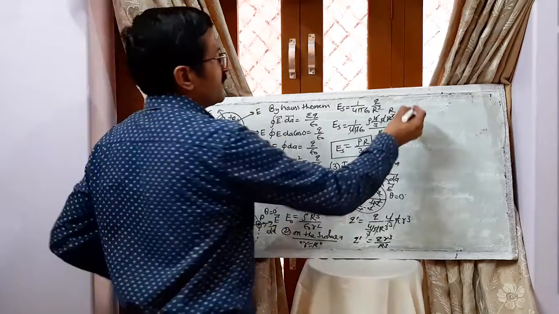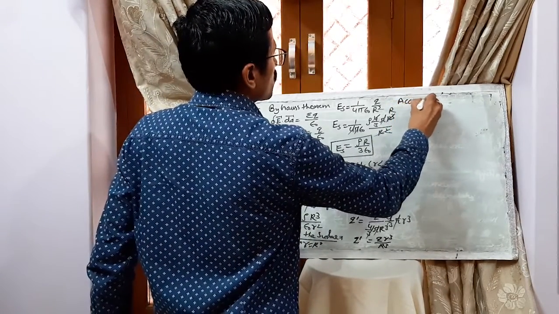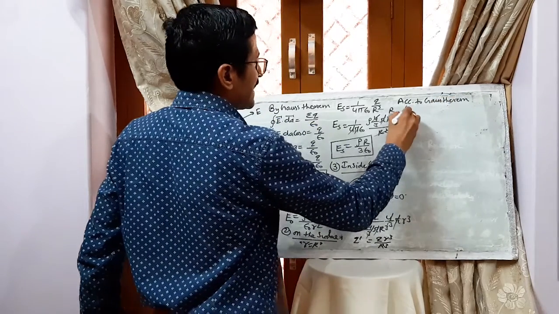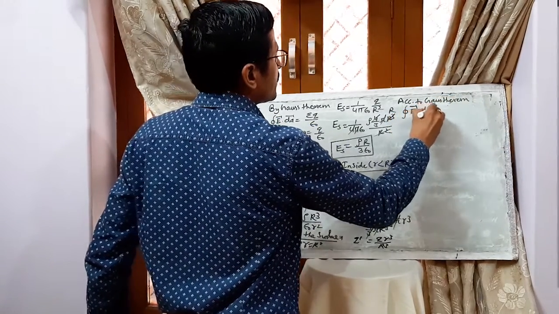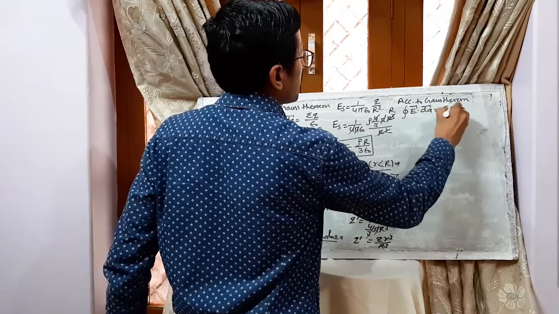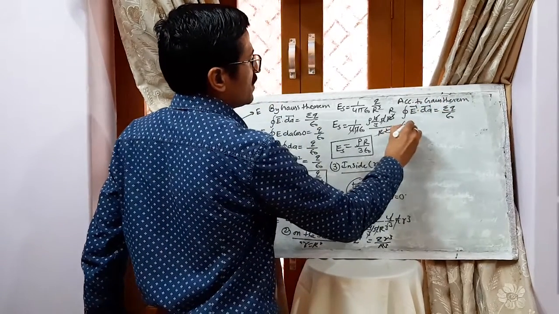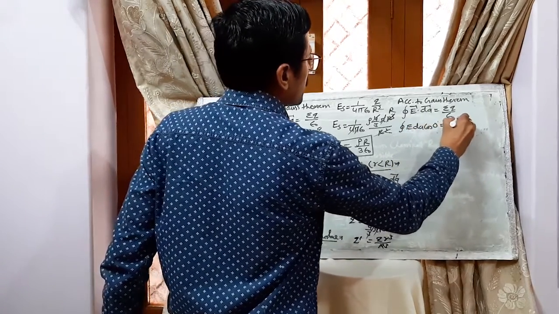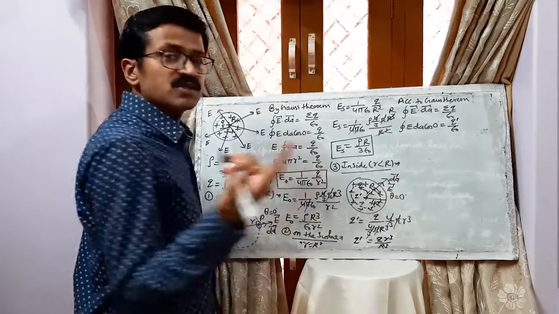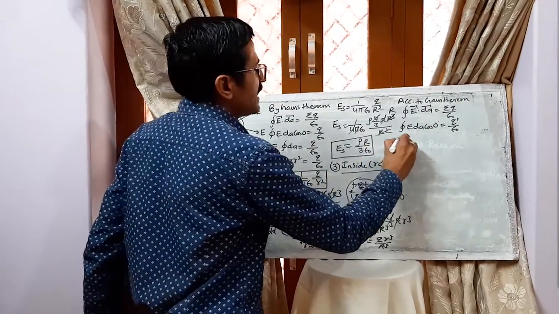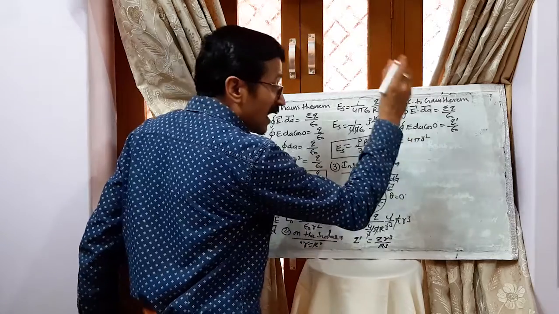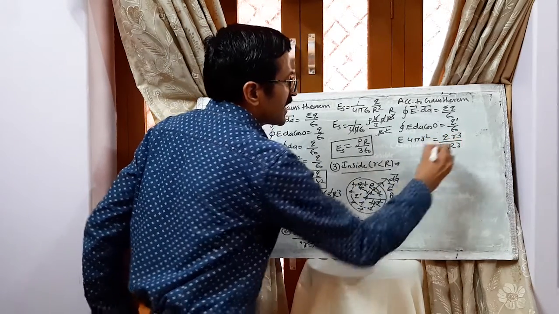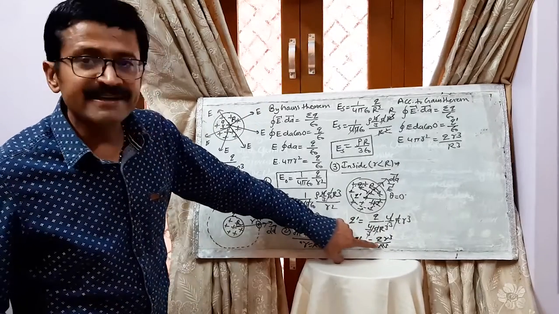Now, what about the electric field intensity? According to Gauss theorem, integration E vector dot dA vector is equal to sigma q upon epsilon naught. It will be E dA cos 0, and sigma q will be q dash upon epsilon naught. Cos 0 is 1, you know. Integration dA will become 4 pi small r square, and q dash is Q small r cube upon capital R cube, a value we have determined already.